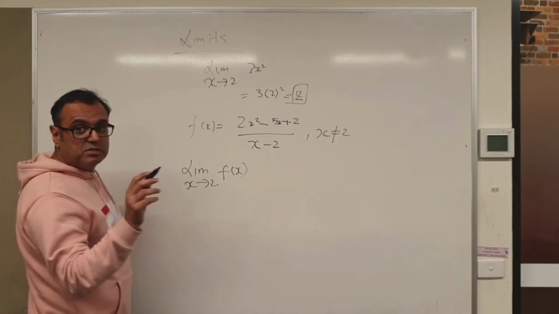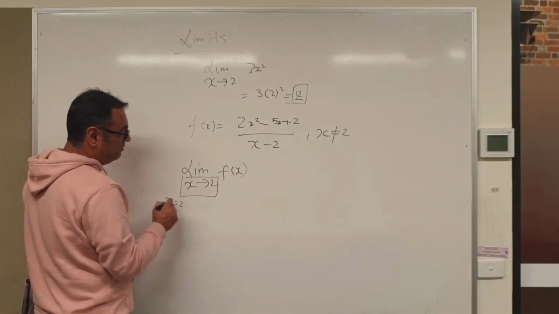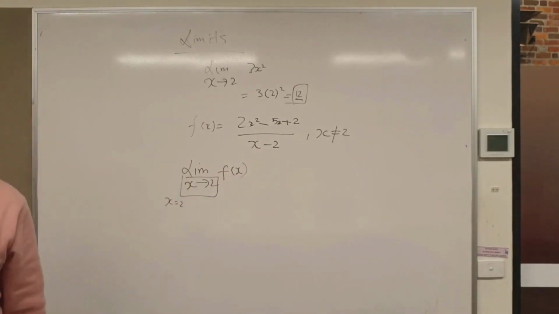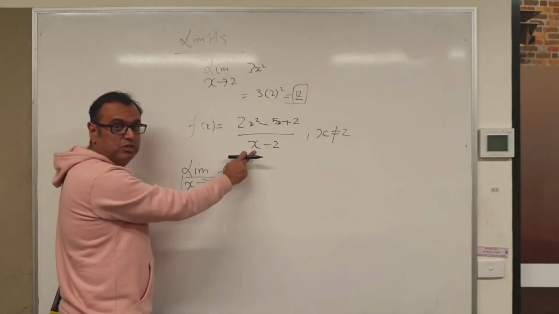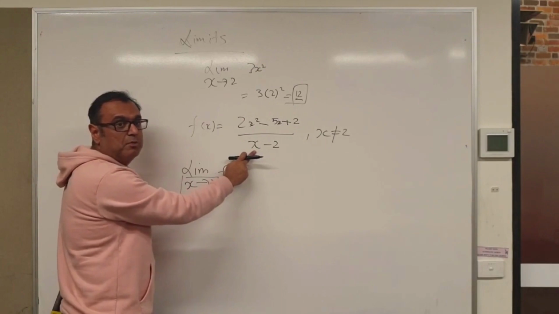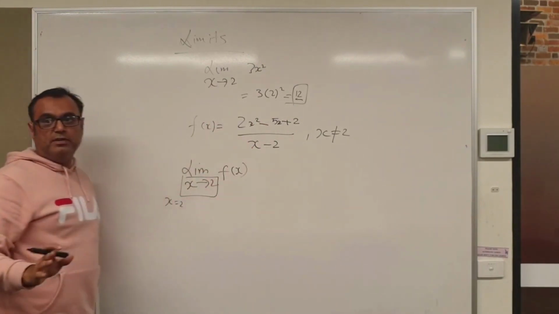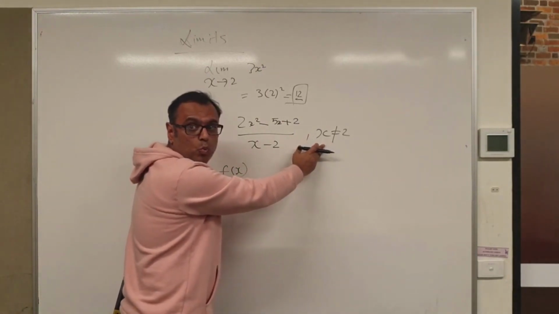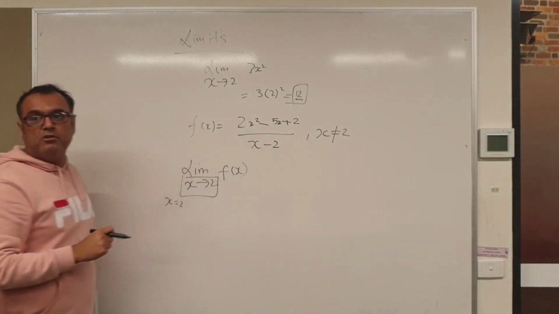The problem is at x equals 2, this function is not defined. So I cannot blindly plug in 2 here, because the moment I do, I'm gone for a toss. It's clearly stated, please don't put x equals 2. But the limit tells me whatever is here, plug it in. So what do we do?